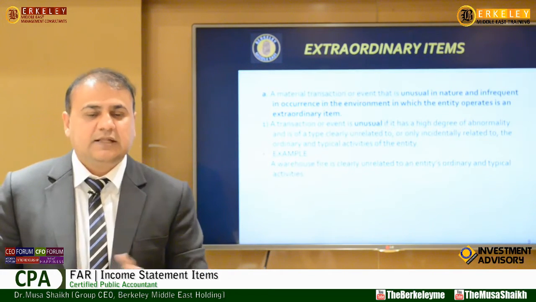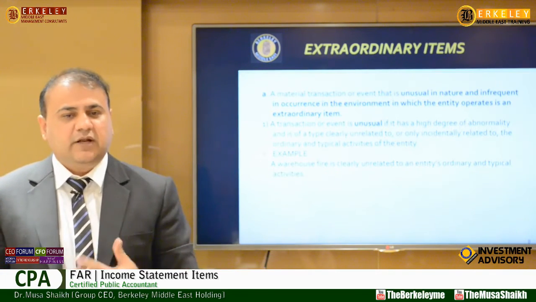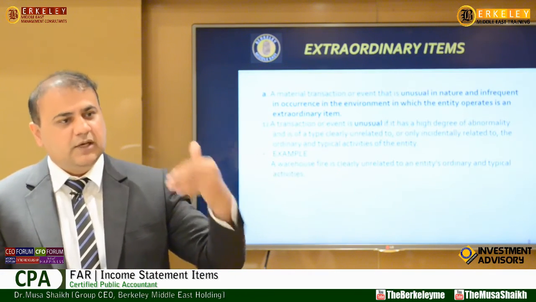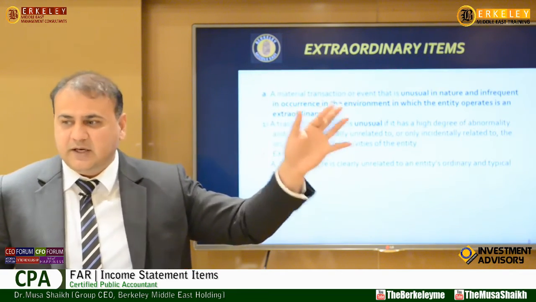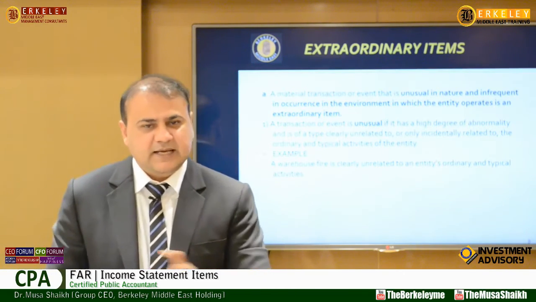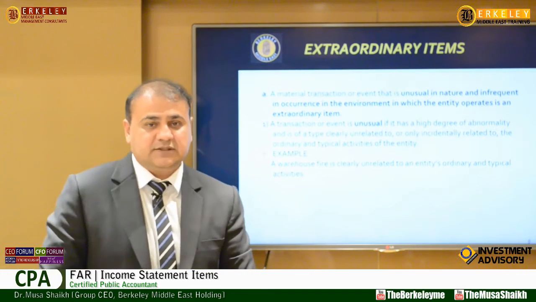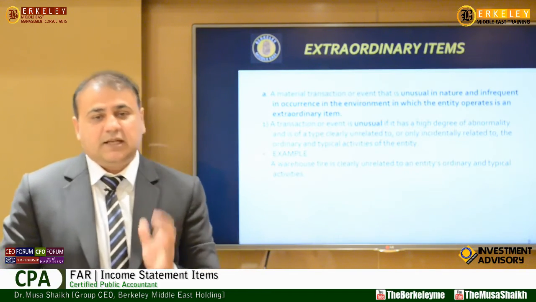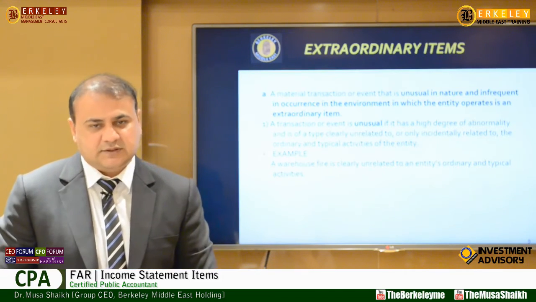So they bring extraordinary losses for you. Means your warehouse went with the air, and your assets, your cars, are flooded in the river this way. So these you show as extraordinary items, so a viewer of the financial statements can understand that this year you have extraordinary losses.